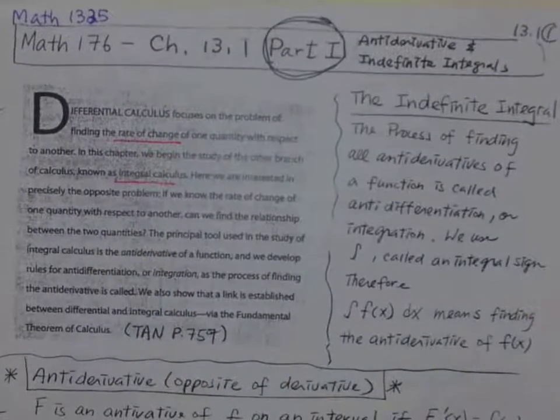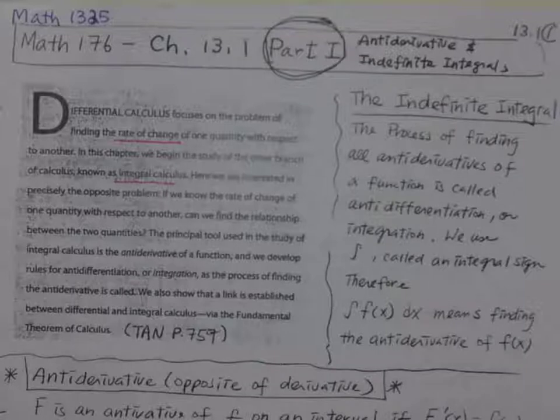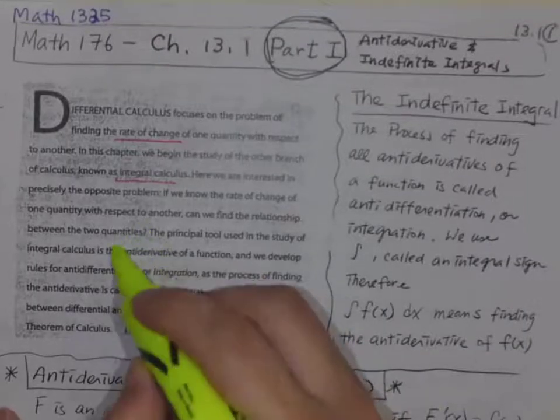Here we are interested in precisely the opposite problem: if we know the rate of change of one quantity with respect to the other, can we find a relationship between the two quantities? The principal tool used in the study of integral calculus is called the antiderivative of a function.